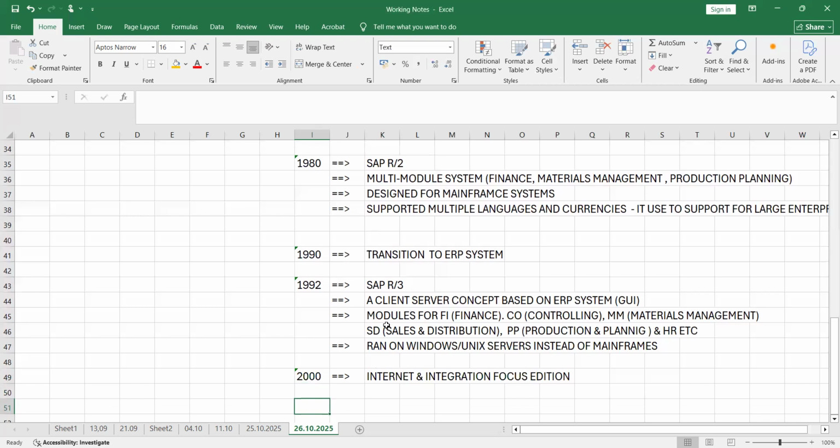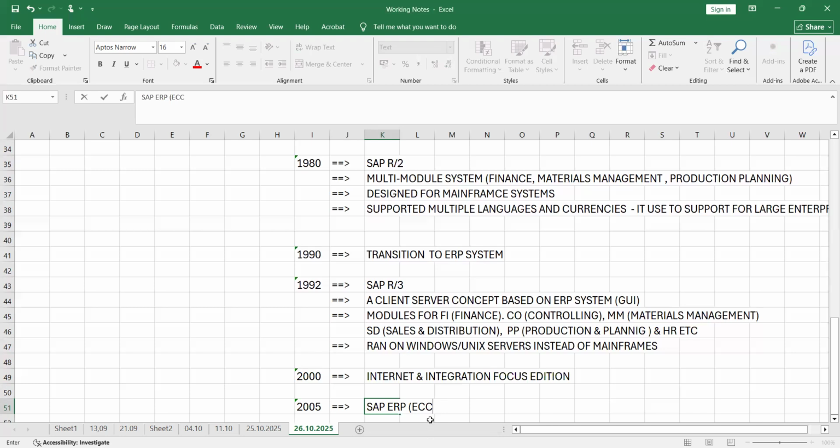In 2005, SAP came up with SAP ERP, with ECC 5. ECC stands for Enterprise Central Component. Enterprise Central Component means it is suitable for every business.